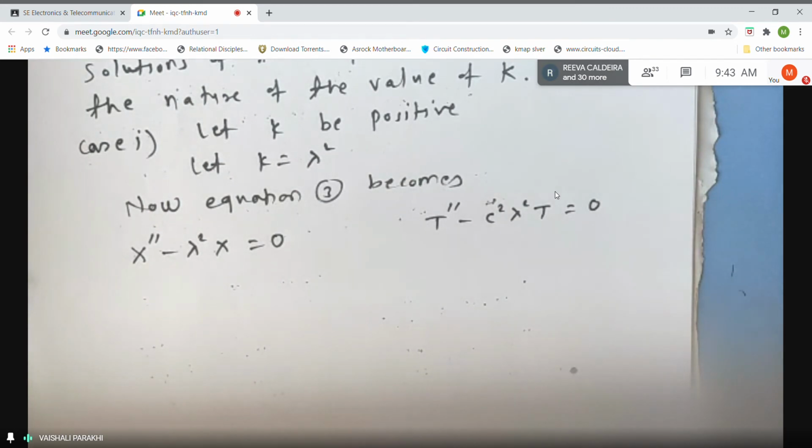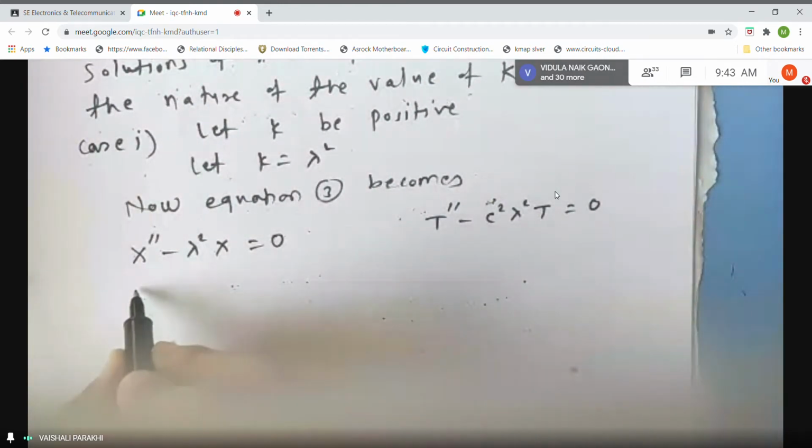Now, do you remember how you used to solve these two equations, students, in your first semester, second semester? Solution of differential equations, homogeneous differential equations, by using the operator D. Okay, let me write for your understanding. I'm using the letter D for this.